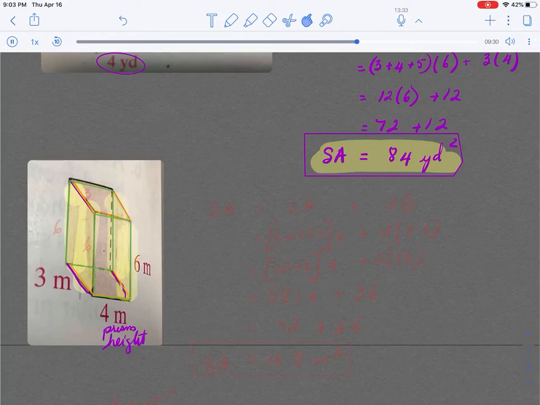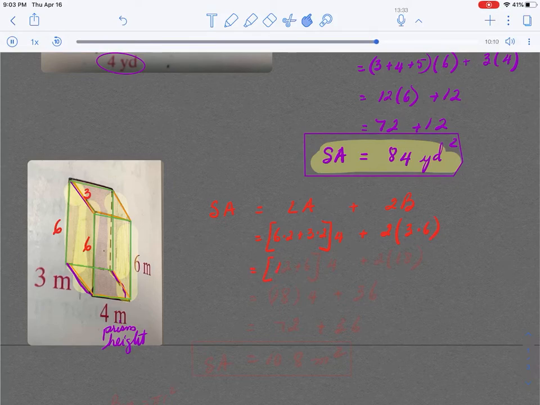I always write this down: lateral plus the 2 bases. In this case, the perimeter is going to be 6, 6, and 3, so it's going to give me 6 times 2 plus 3 times 2, times 4. The base is a rectangle, so I'm going to have 3 times 6.